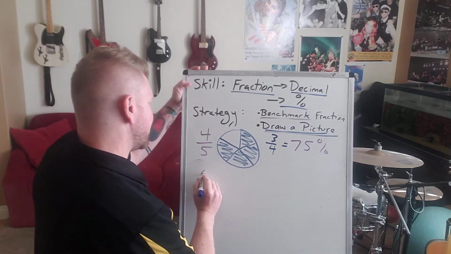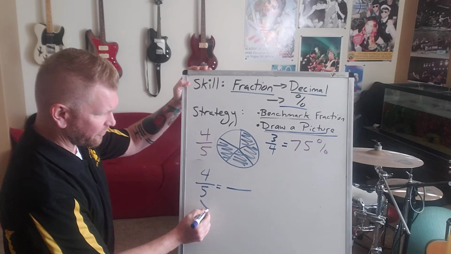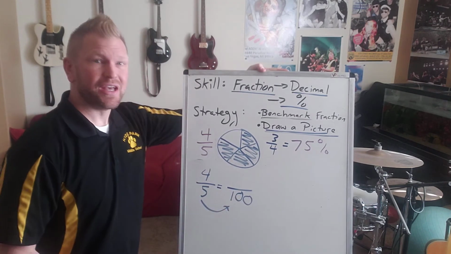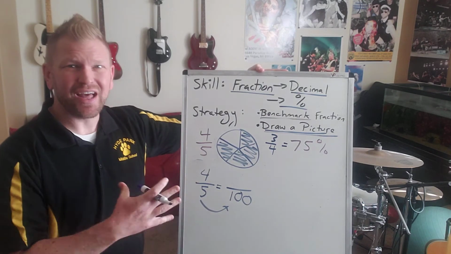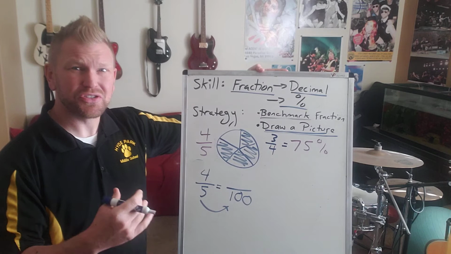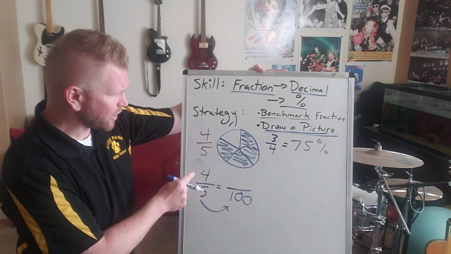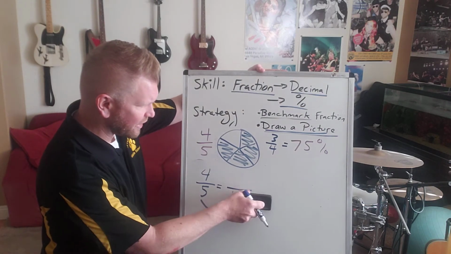Okay, so percent means out of 100. This one is pretty nice because we could change 5 to 100 pretty nicely. This might remind you of ratios like we had in the first question. A lot of times in math, once you learn one skill, you'll see that it's applied in lots of different scenarios. So this 4-to-5 ratio, or 4/5 fraction, can be changed into something out of 100. We're scaling it up.